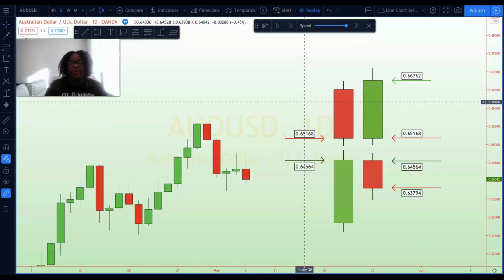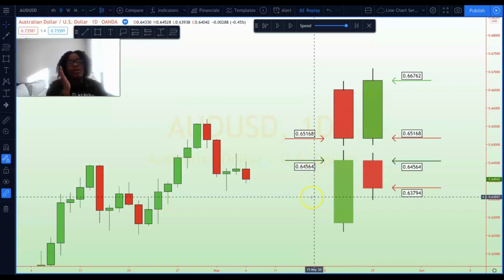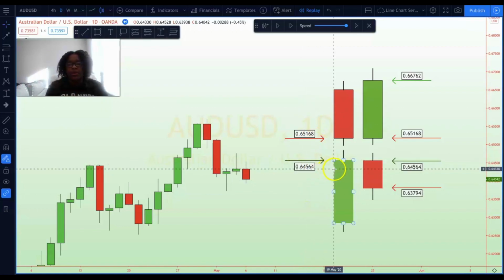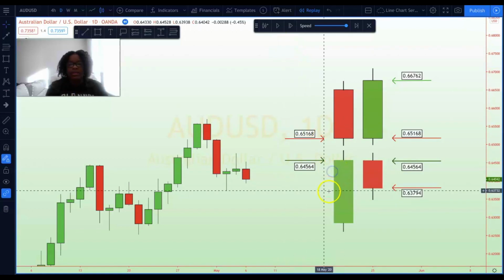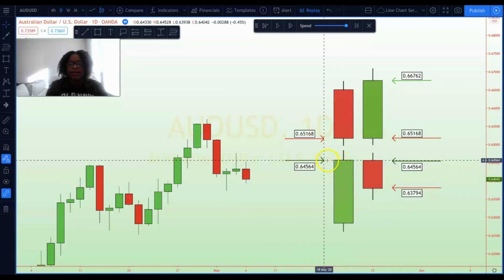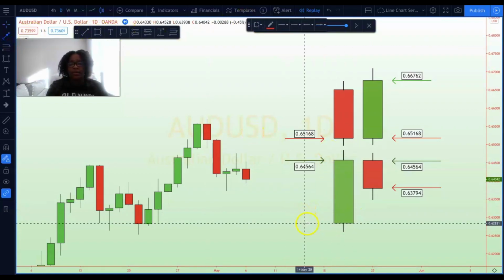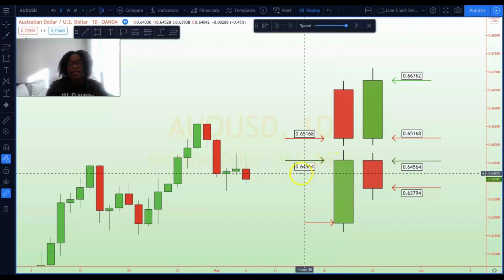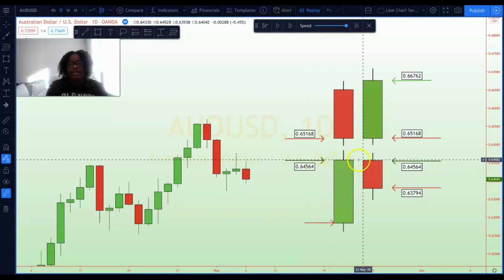It just depends. Okay, we're going to use another example where the bullish candle is first. So with this candle, let's draw the border on and focus on the candle body here. Remember, if price closes high on a bullish candle, as you guys can see, this is where price closed. So for example, if price closed here, that means it started forming at the bottom. And it closed here at 0.64564. But as you guys can see, the next candle will begin to form at the same exchange rate or price.